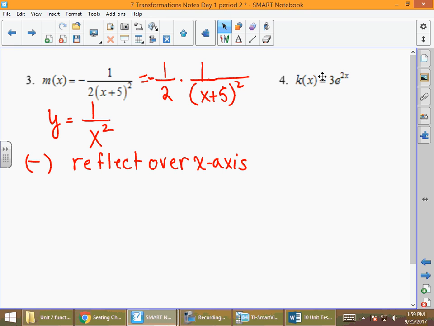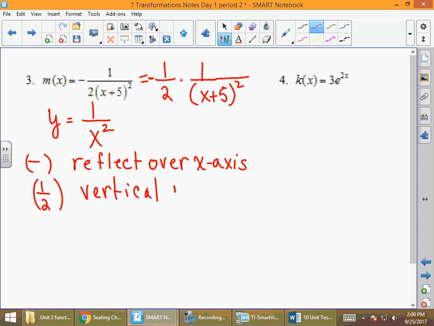But what I see when I look at these problems is I see, well, 1/2. Well, 1/2 on this is going to be a vertical compression. So we're going to shrink it by 1/2. But what seemed to work a little bit better earlier in the day is we did this. And that might be better for you.